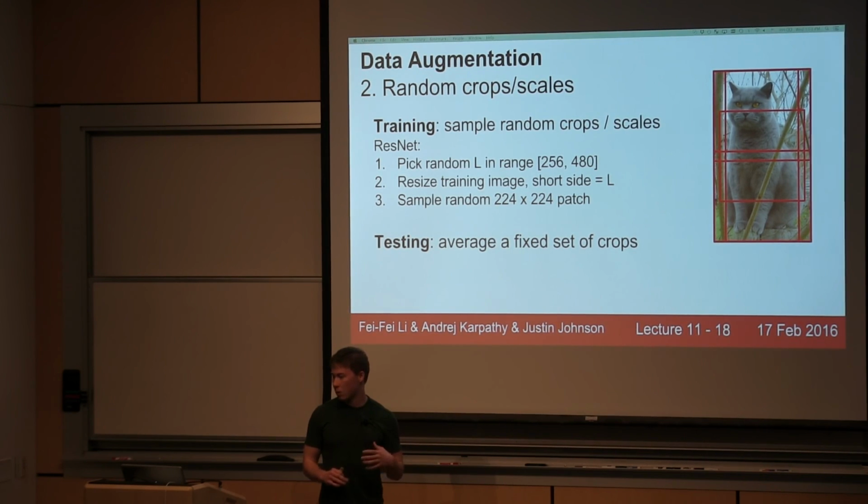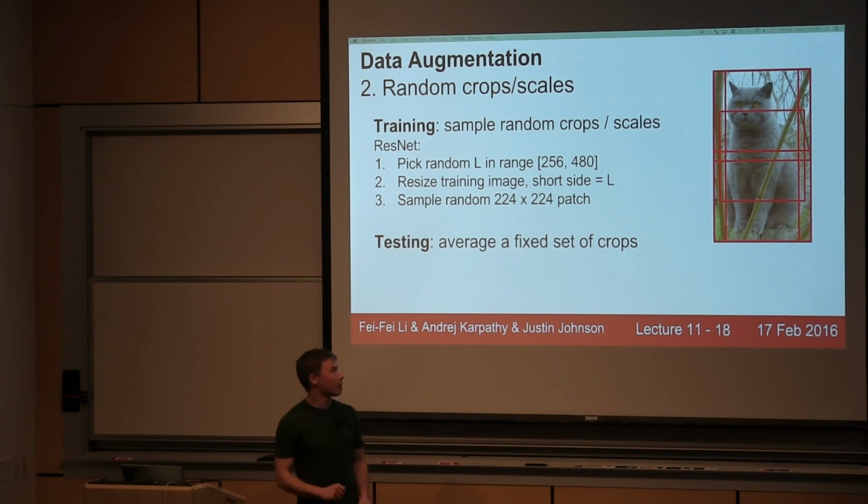So usually in practice, when you're doing this kind of random cropping for data augmentation, at test time you'll have some fixed set of crops and use these for testing. Very commonly, you'll see 10 crops. You'll take the upper left-hand corner, the upper right-hand corner, the two bottom corners, and the center. That gives you 5. Together with their horizontal flips gives you 10. So you'll take those 10 crops at test time, pass them through the network, and average the scores of those 10 crops.